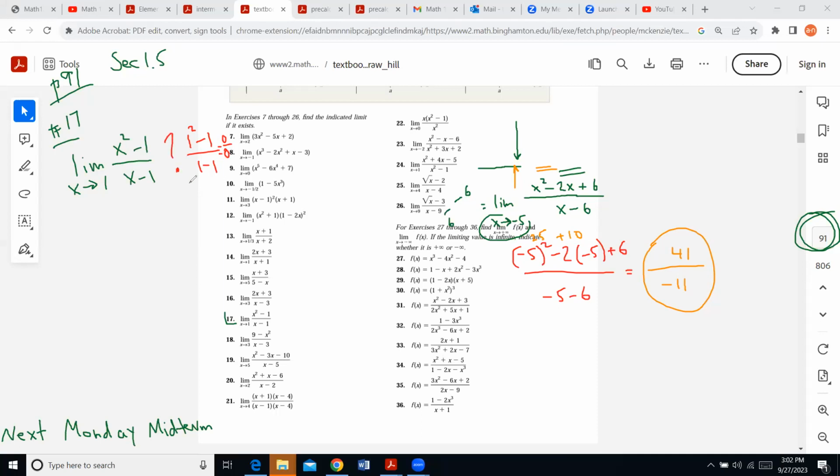So you need to factor the numerator and factor the denominator. And usually a factor that appears in the denominator will also be a factor of your numerator, because we got 0 over 0, so that factor has to cancel.